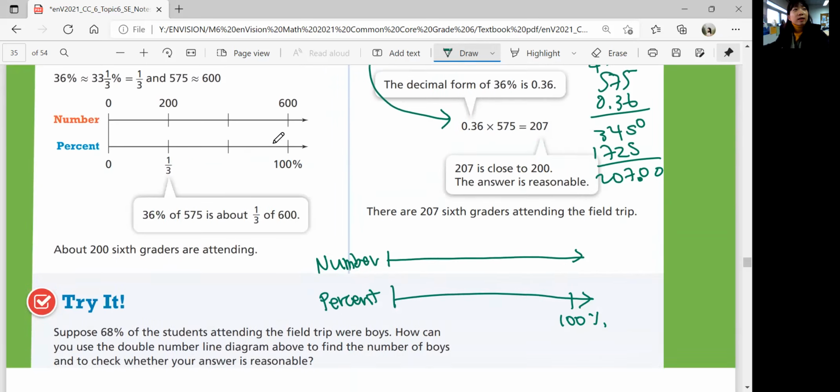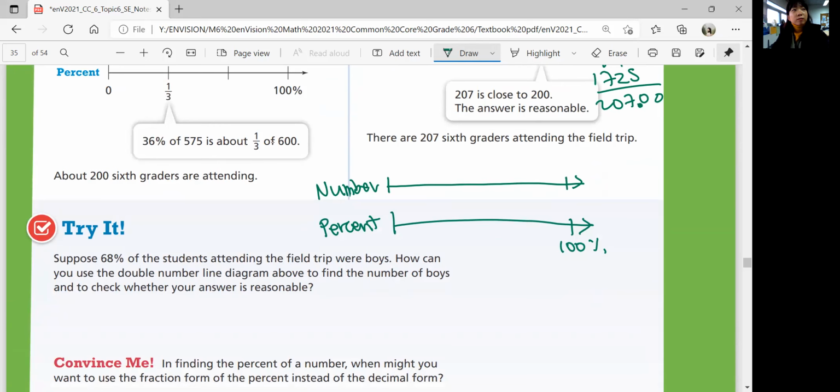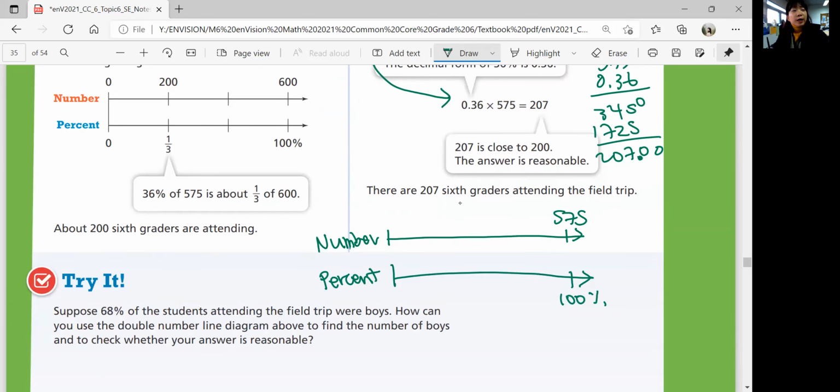We have 575 students. That's the number. You don't estimate it because they don't say you need to estimate, but when you're checking the answer for reasonableness, you can estimate your answer to 600 and then calculate and see if your answer is close to your estimation.